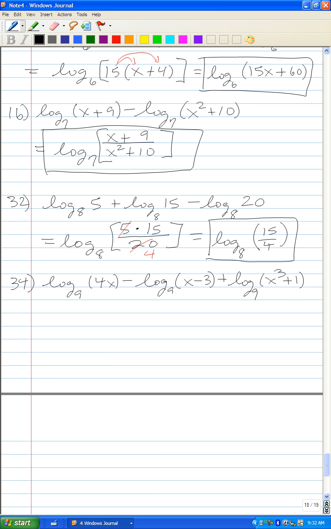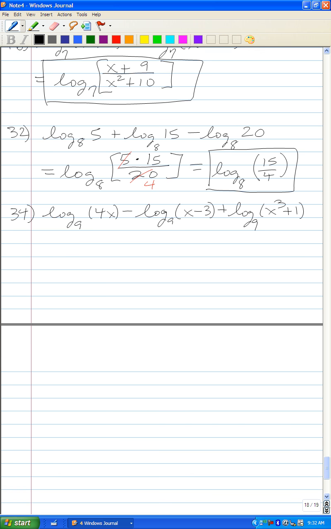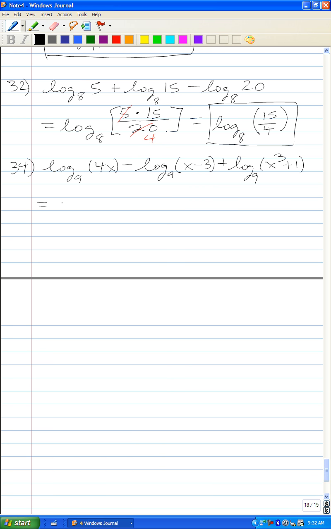So this is equal to log base 9 of 4x is in the numerator. I'm subtracting, so x minus 3 is in the denominator. I'm adding, so the x cubed plus 1 will be in the numerator. And that is your answer.